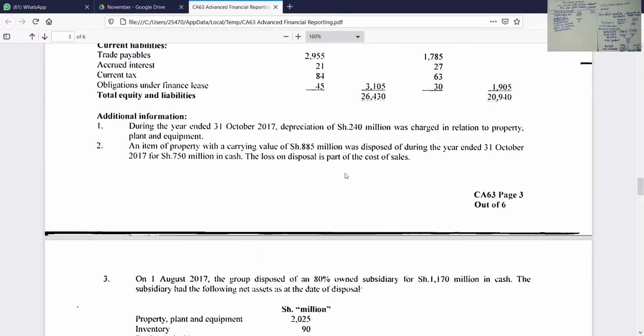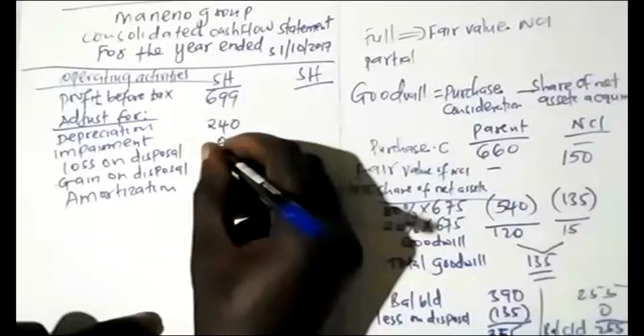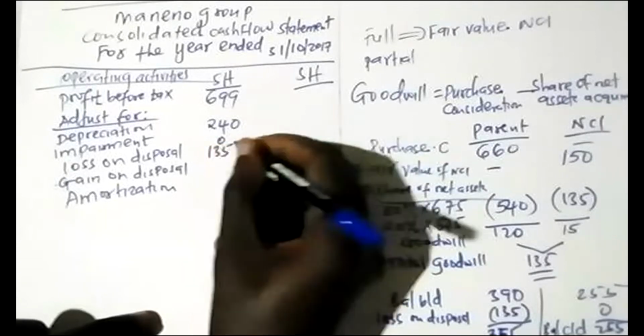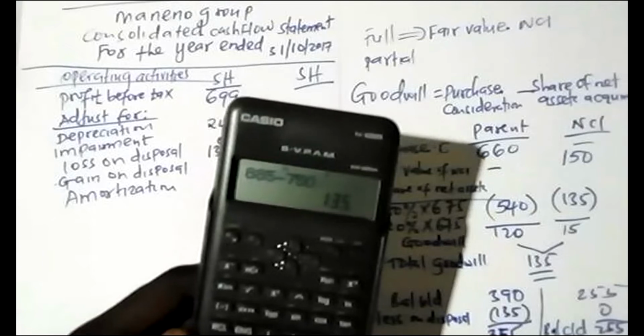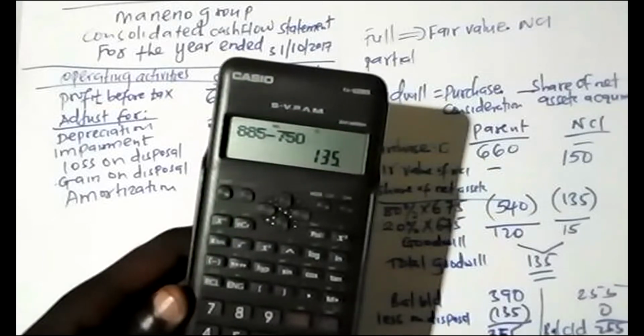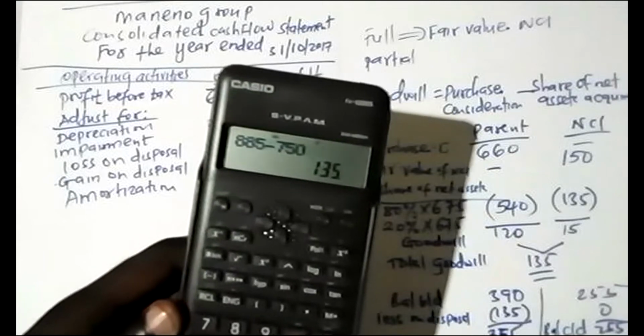So there's a loss of 135. So you take the difference, 885 minus 750.